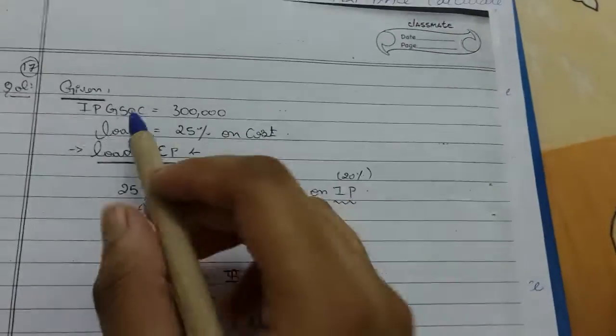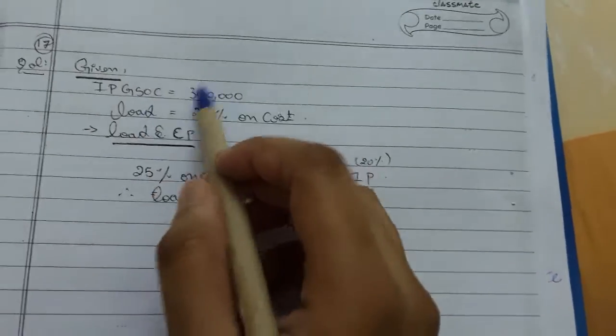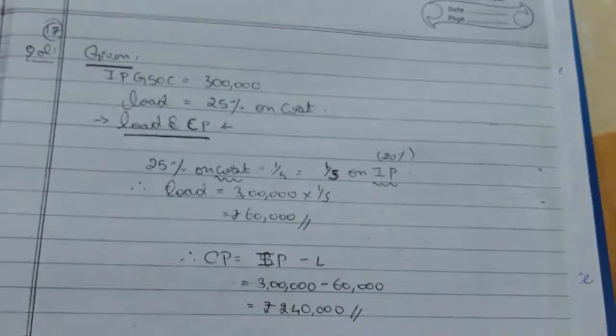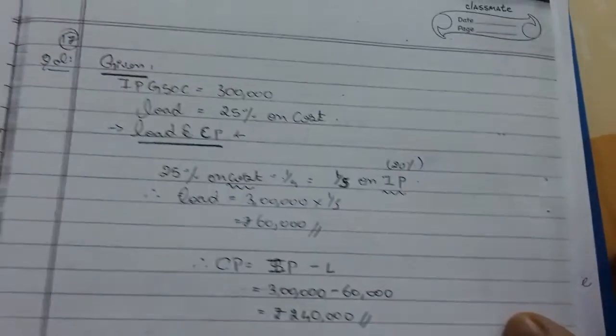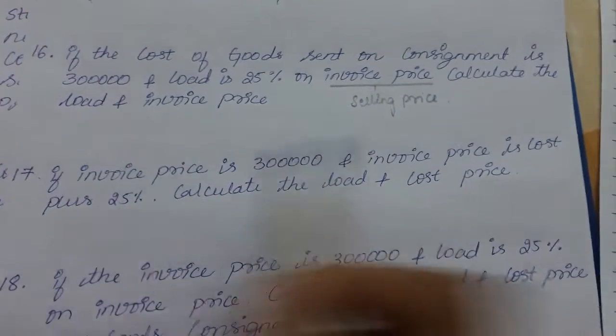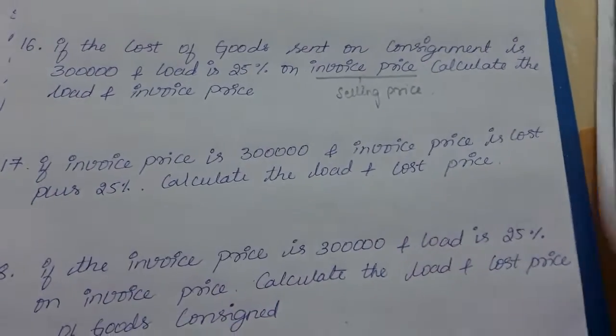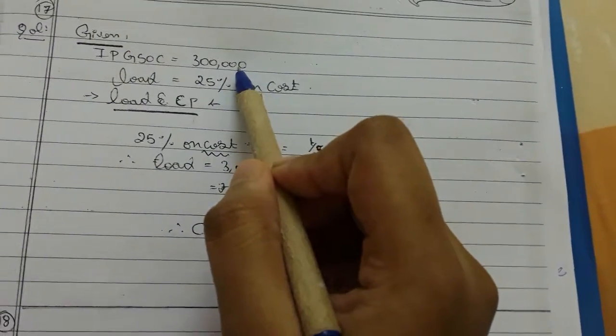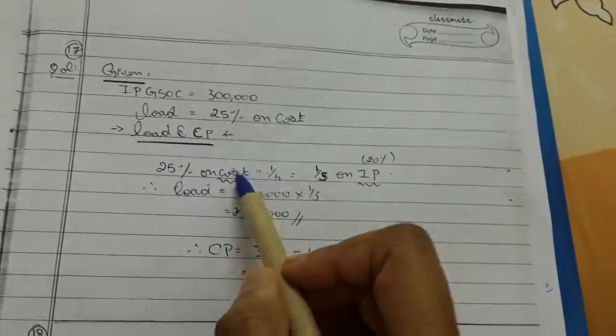So coming on to the problem, see, invoice price, cost of goods sent, that is 3 lakh. 3 lakh rupees is the invoice price. They are saying 25% on cost. Here the profit is given on cost price itself, but the value which has been given is the invoice price.